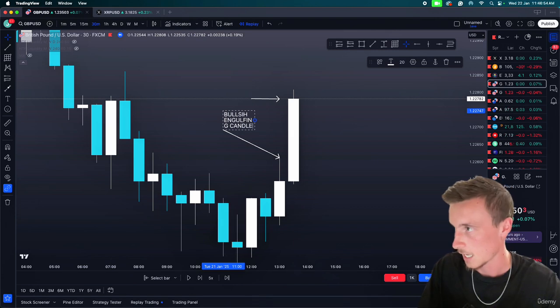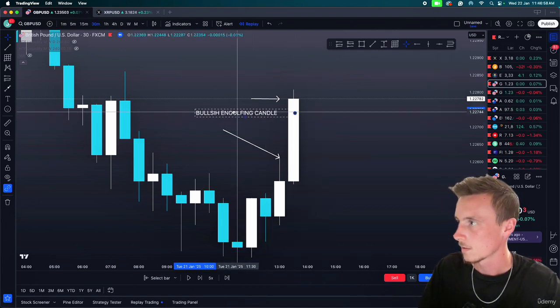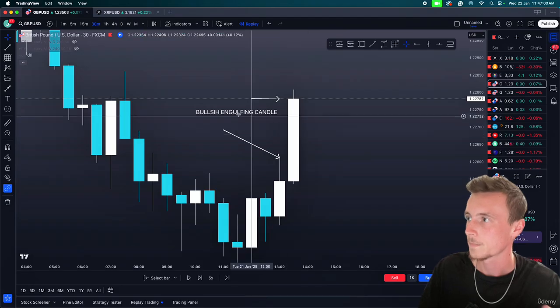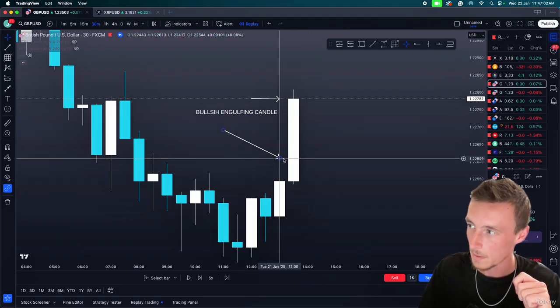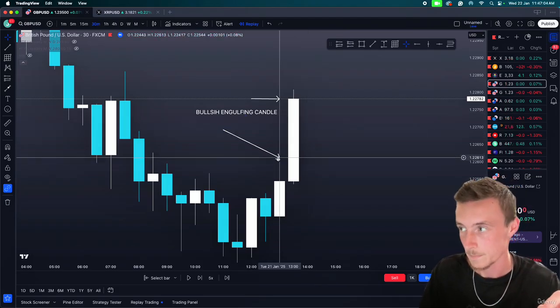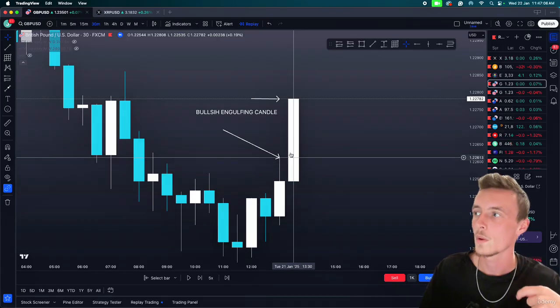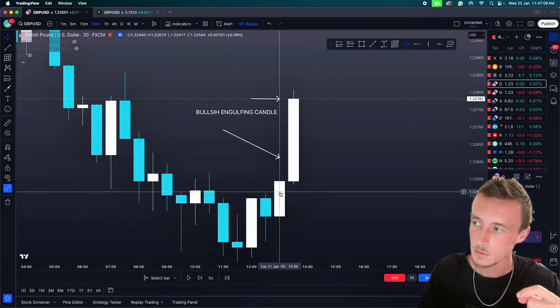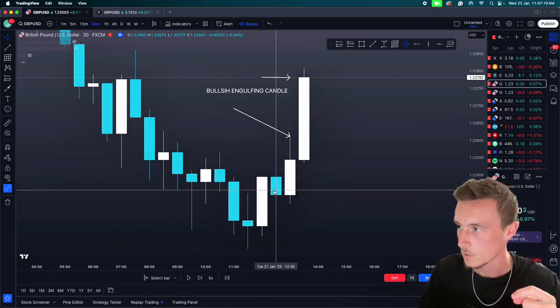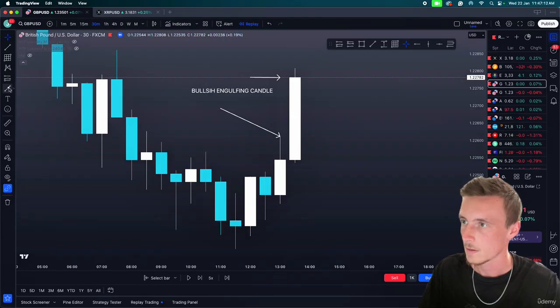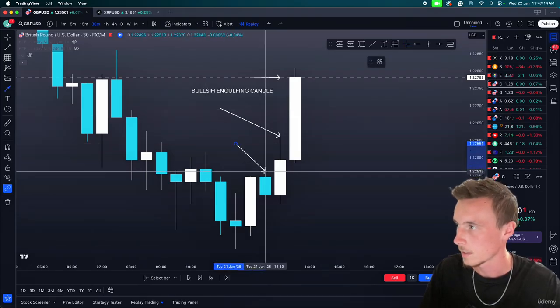Engulfing candle. Right? Because we closed above the previous candle's high, being that wick, we close above it. It doesn't matter if this candle is bullish or bearish either. So this candle is a bearish candle, right? And it had a high here.